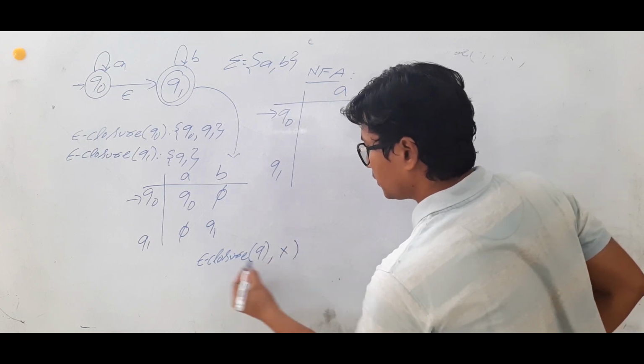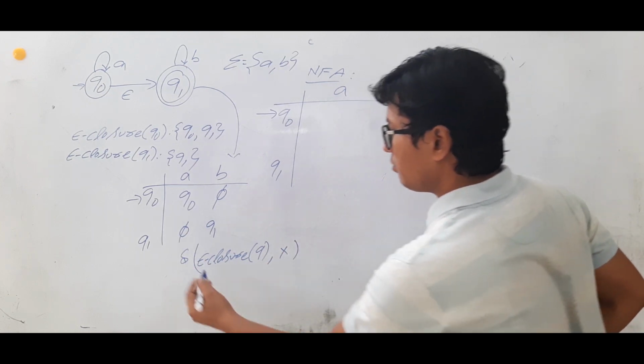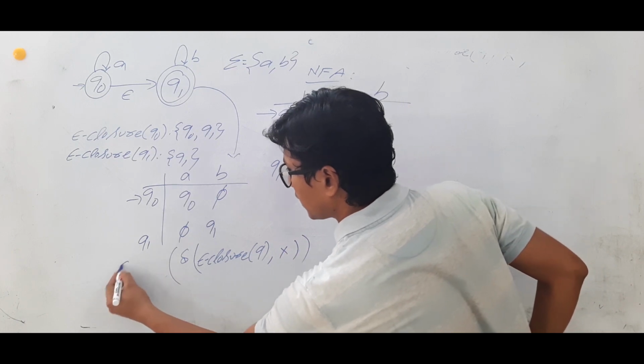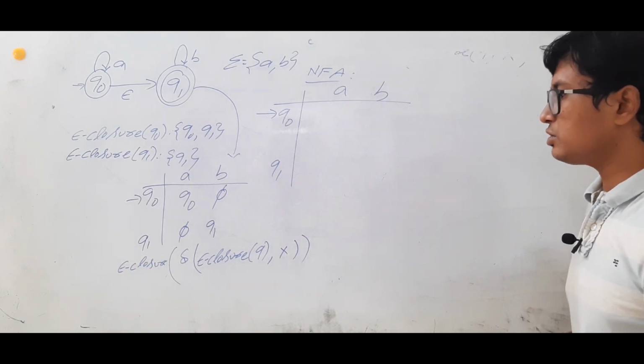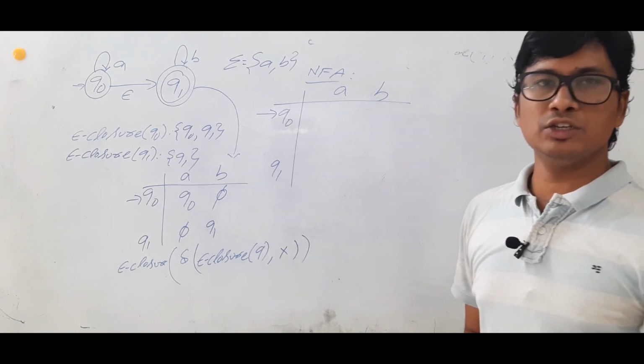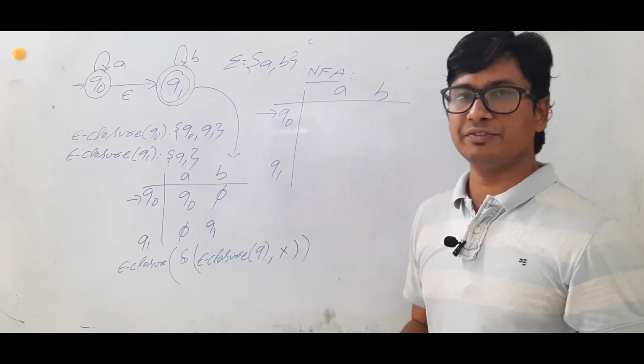For those states I need to calculate the transition, and for the whole result I need to calculate the epsilon closure. You should remember this procedure. Once you know this procedure, it is very easy to construct the NFA.